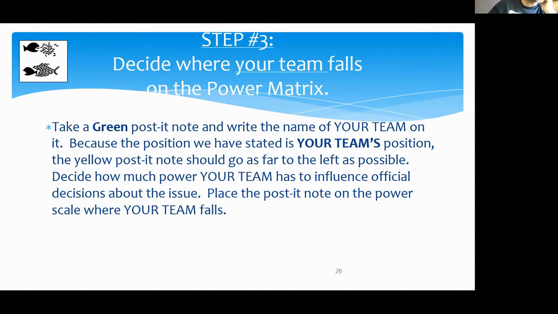So then you have to go up the scale and figure out where you fall on the left of that power matrix. Do you have no impact? Are you at the decision-making table? Do you impact public opinion, but not decision-making? Do you impact both? You decide where you fall on that scale, okay?